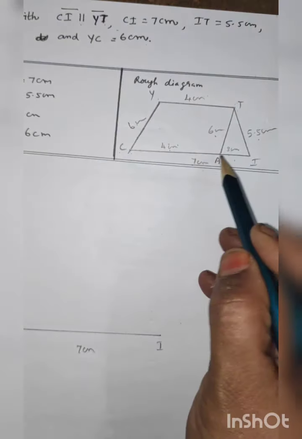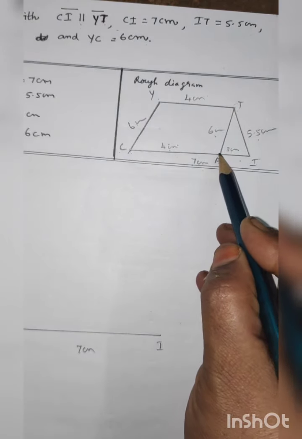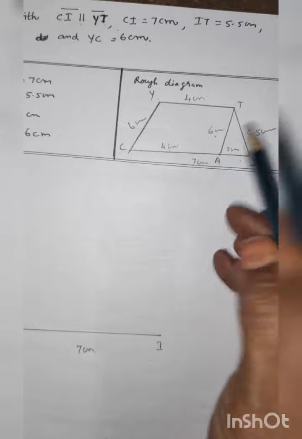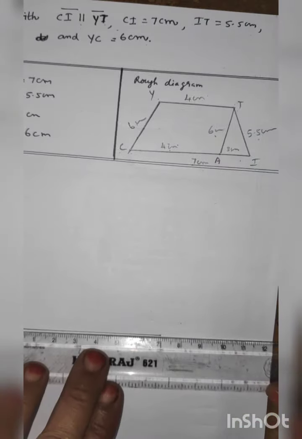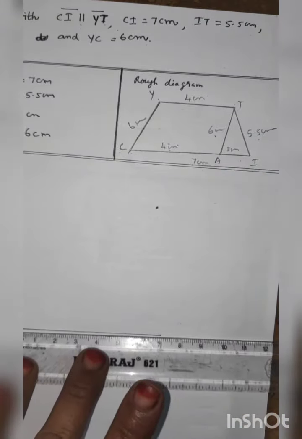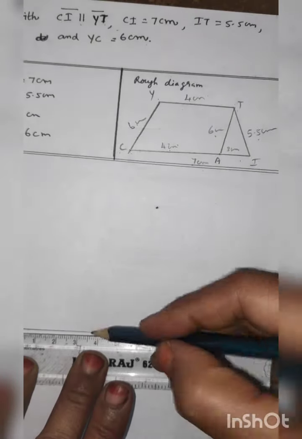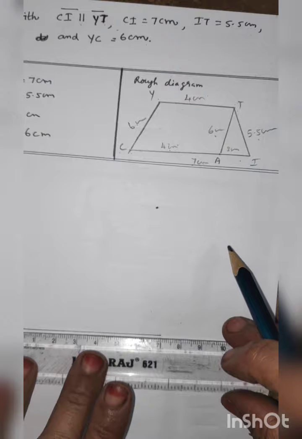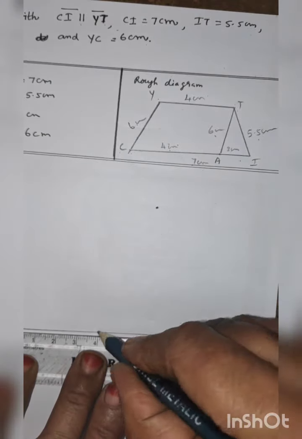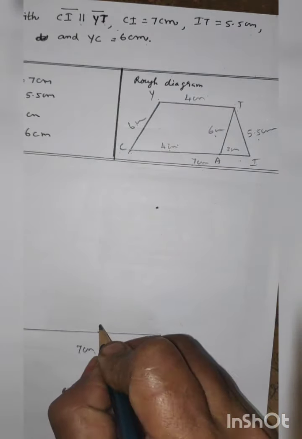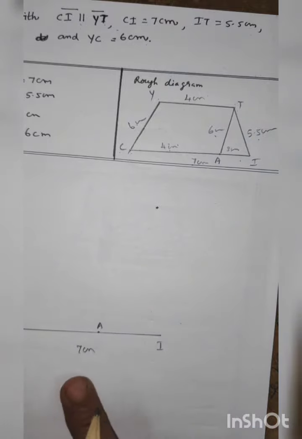Now for point A, 4 centimeter, you want to keep the point A first. From C, again keep the scale and measure 4 centimeter. See there, you mark the point at 4 centimeter. This point is A point. This is the first work.